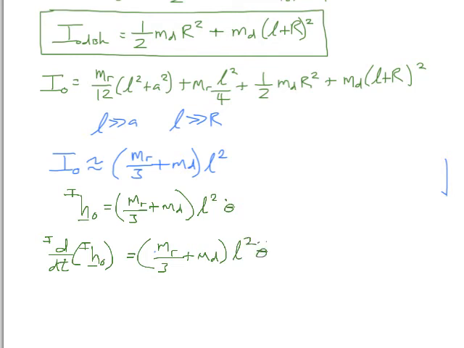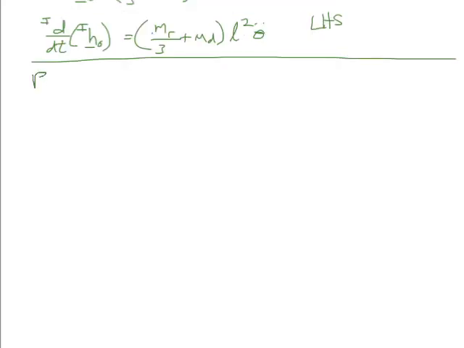And so now we have our entire left-hand side of our equation. Now for the right-hand side of the equation, which is the moment due to all the external forces about the point O, we need to draw a free body diagram.